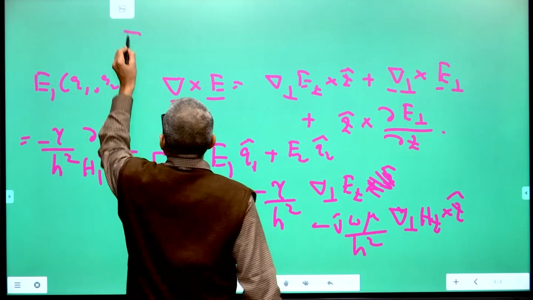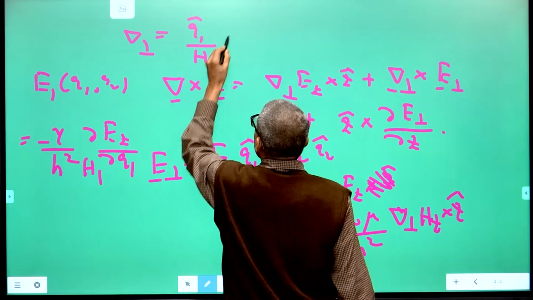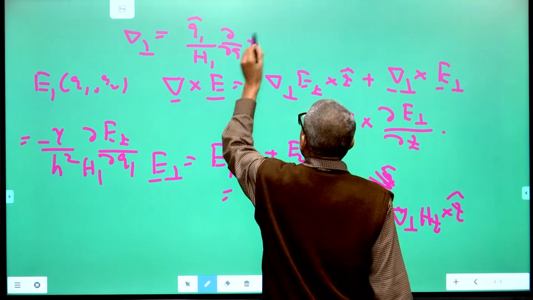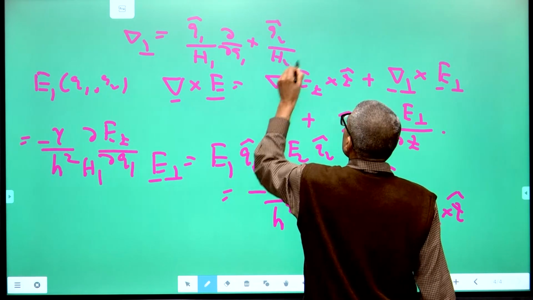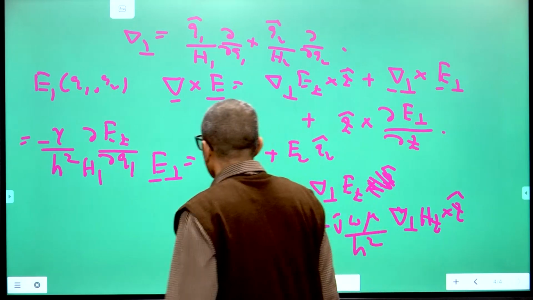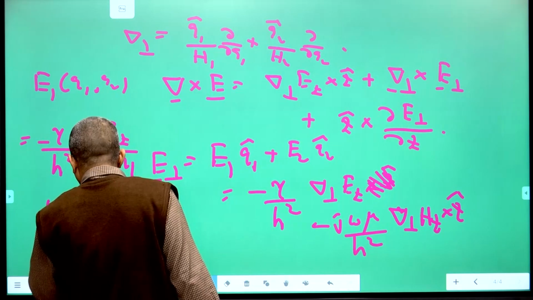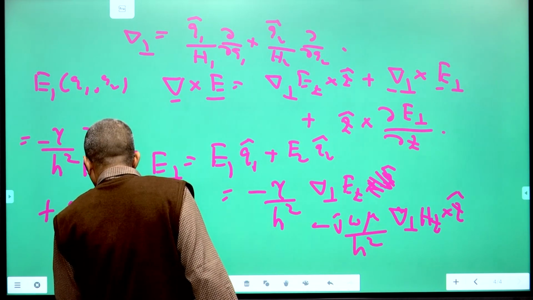So here you are using the formula that del perpendicular is nothing but q1 cap by h1 ∂/∂q1 plus q2 cap by h2 ∂/∂q2, where h1 and h2 are the Lamé coefficients. And then you use the fact that plus j omega mu by h square.